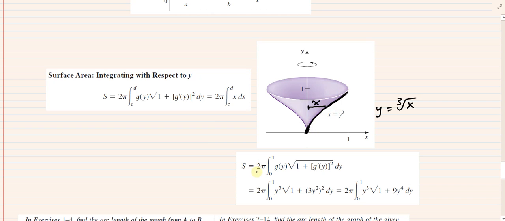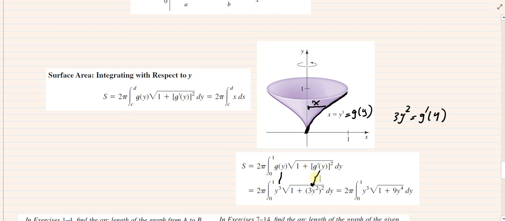So the formula is going to be 2 pi g(y) times the square root of 1 plus g prime of y squared. Well, our g(y), that's what this is. That's a function of y, g(y), and you just plug in for that. Take the derivative of y cubed: it's 3y squared, right? That is g prime of y, and that's what goes in here.